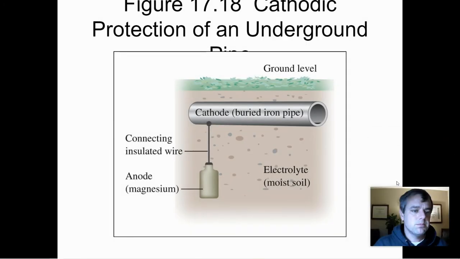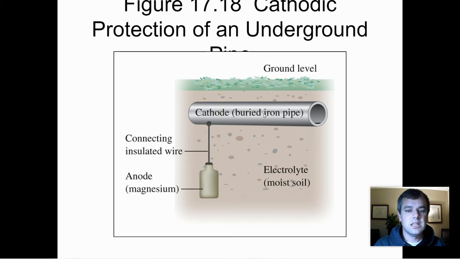This next thing shows how you can actually protect things. If you have a buried cast iron pipe, you can take something that has a higher oxidation potential, is more easily oxidized, like magnesium, and attach it with a wire, where the magnesium will become oxidized and rust away while protecting the iron.